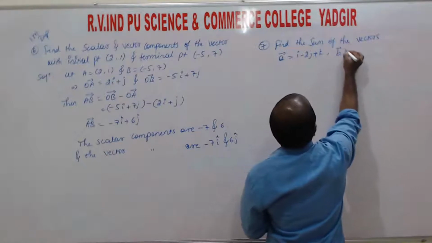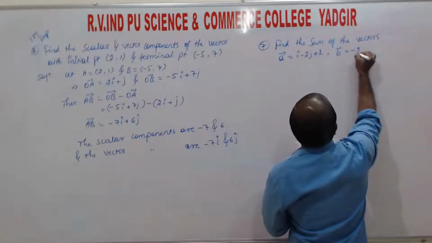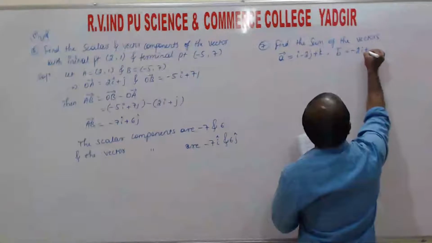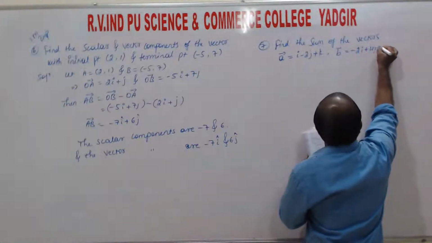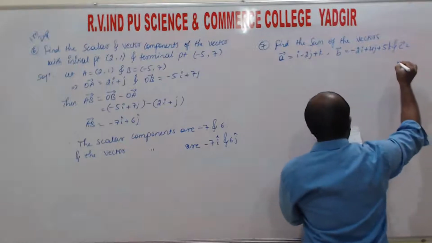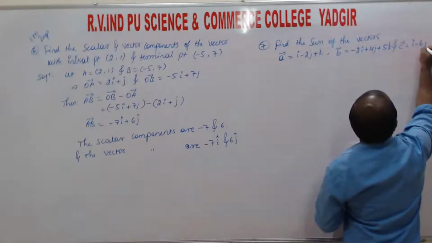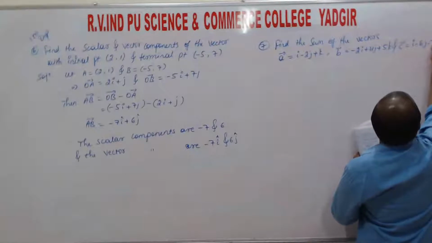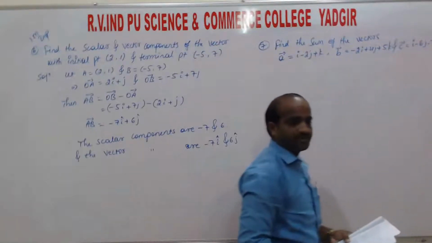B vector is equal to minus 2i plus 4j plus 5k, and C vector is equal to i minus 6j minus 7k.